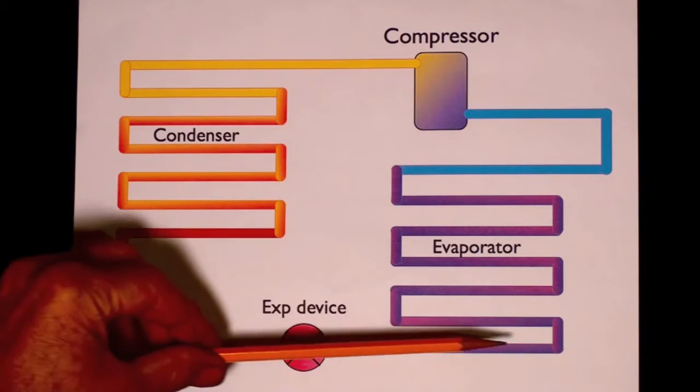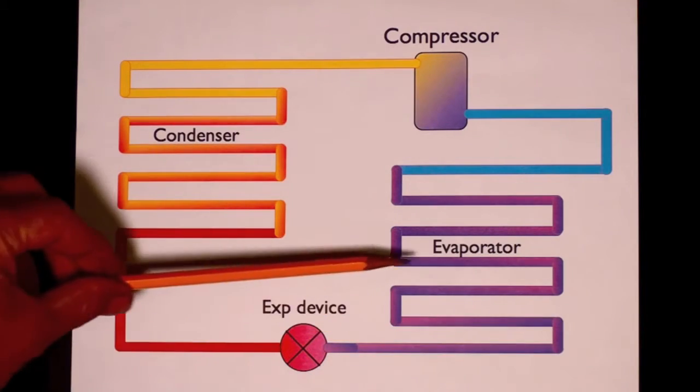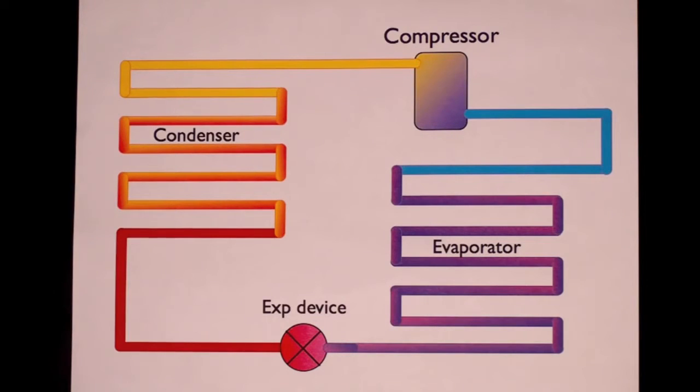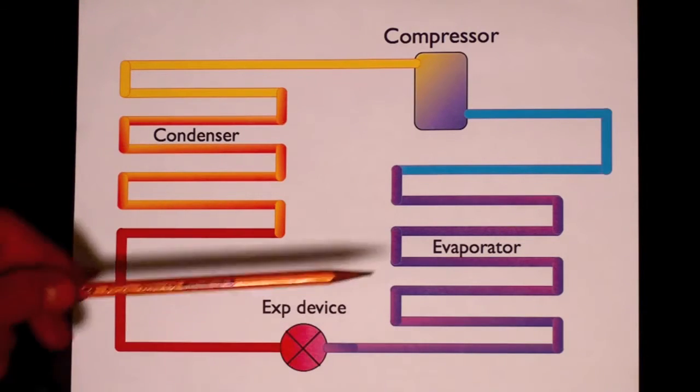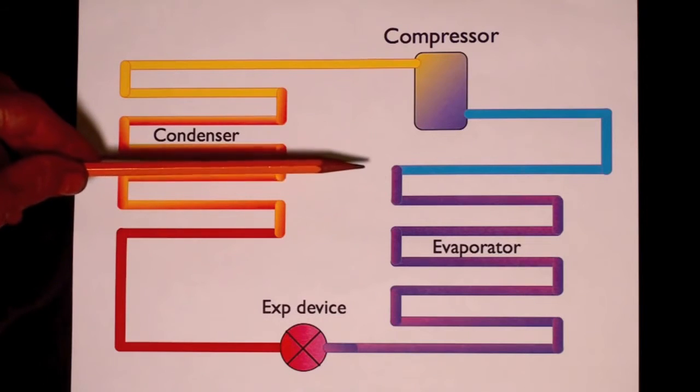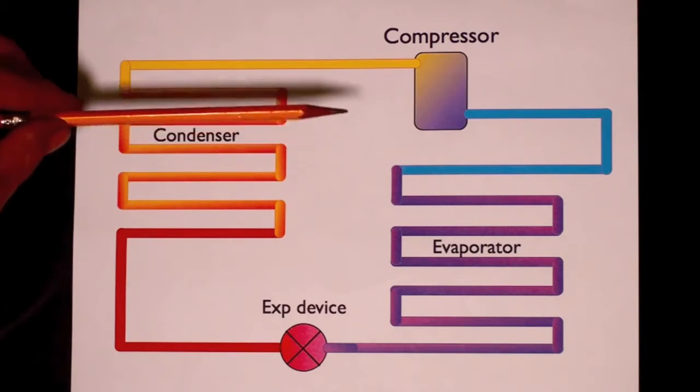As the refrigerant passes through the evaporator, again we're a saturated mix, part liquid and part gas. And so it is evaporating at a specific temperature. Once it gets to the end of the evaporator, it's going to be all gas.